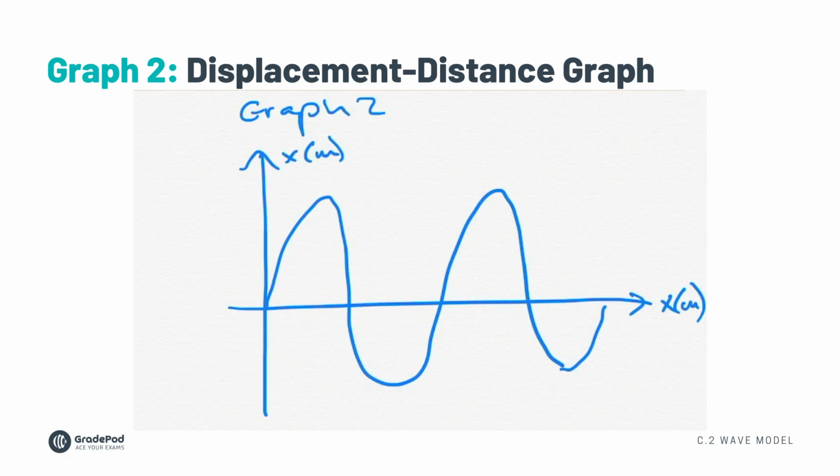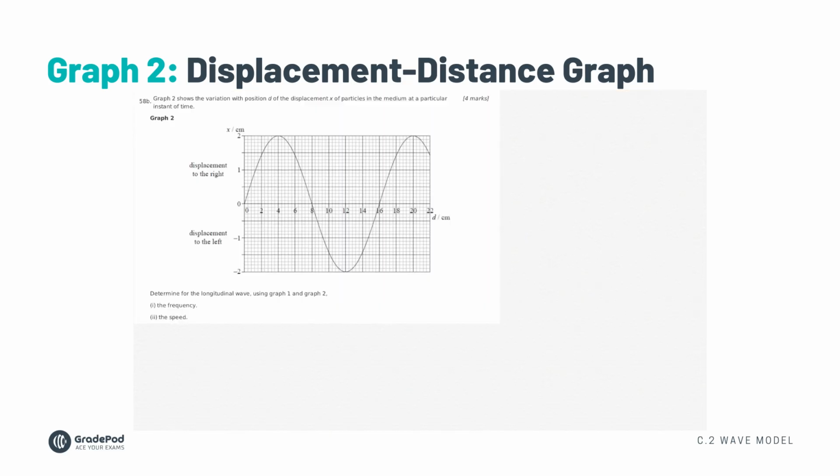So between these peaks here, we're looking at the wavelength of the wave, and we still have the amplitude there as well. It's like you've taken a picture of a wave at a part of time. So there's no time element to this. It's an instantaneous picture. So on the y-axis, we've got displacement.